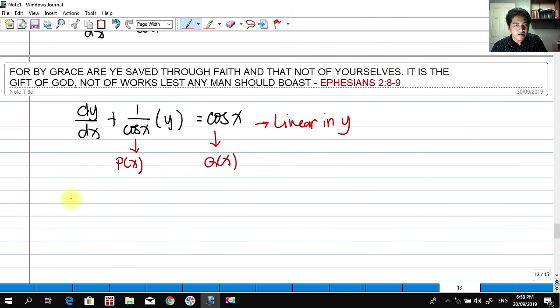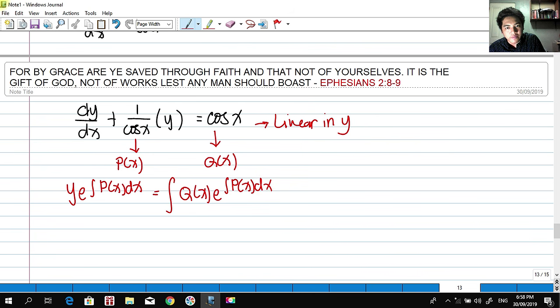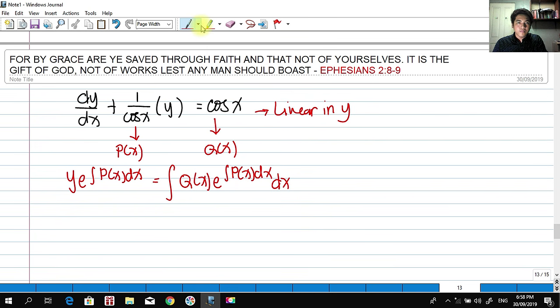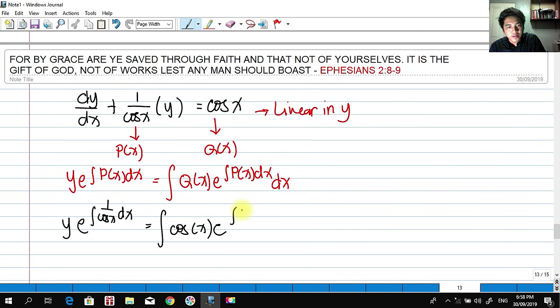So, by our formula again, we have y e raised to the integral of p of x dx = the integral of q of x multiplied by e raised to the integral of p of x dx. Substituting the values, we have y e raised to the integral of 1 over cosine of x dx = the integral of cosine of x multiplied by e raised to the integral of 1 over cosine of x dx.